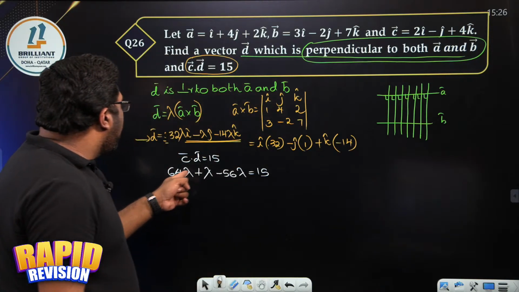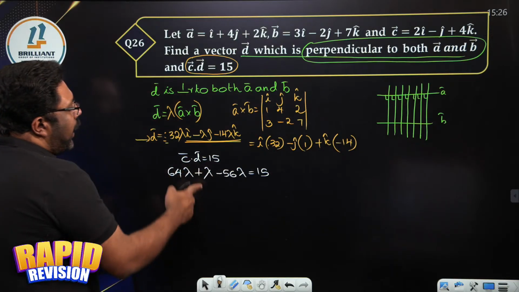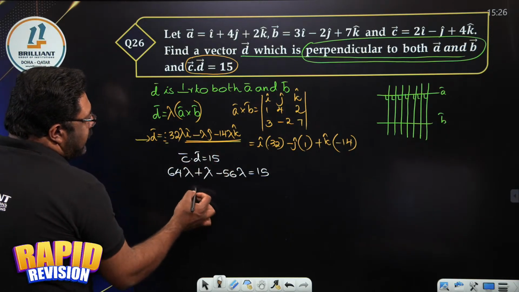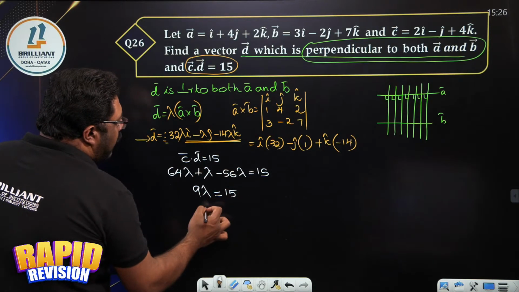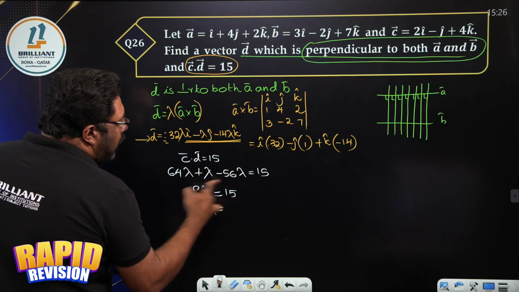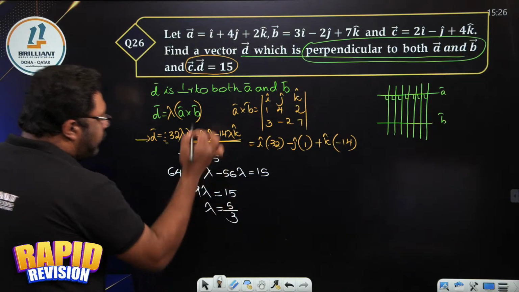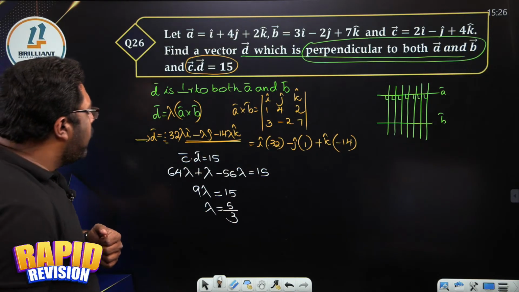Okay, so 64 plus 1, 65. 65 minus 56 is 9 lambda equal to 15. Lambda is equal to 5 by 3.